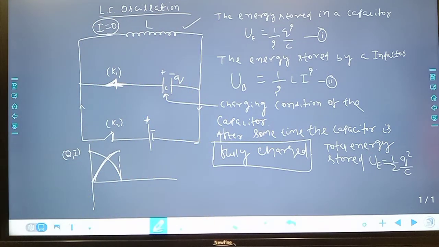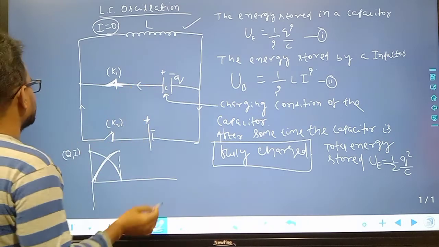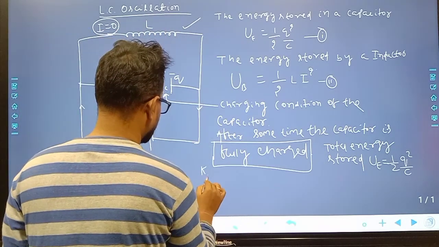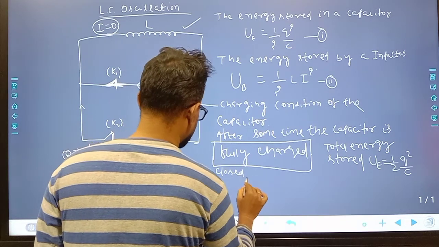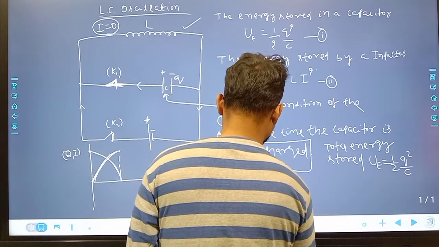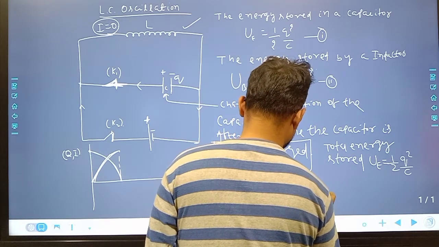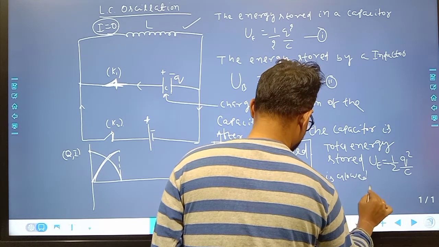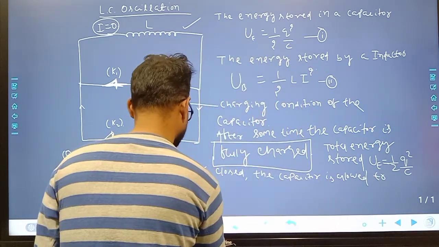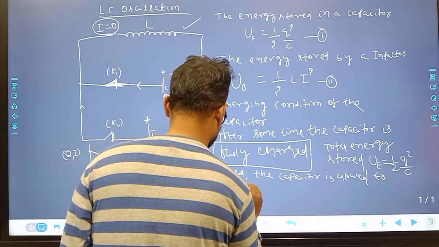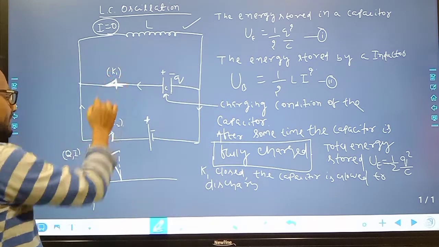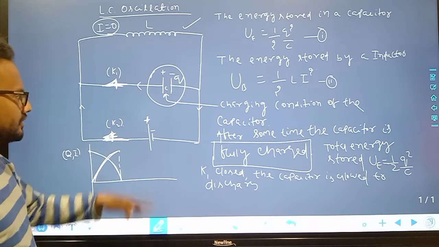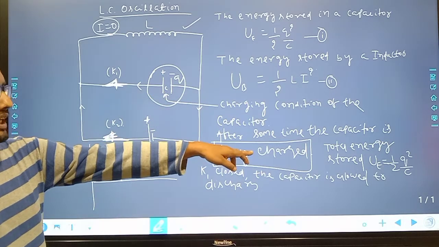When K1 is closed, what happens? The capacitor is allowed to discharge. In the previous case, the key was open and then closed, so the battery charged the capacitor, and the total charge was stored in the form of electrostatic potential energy.